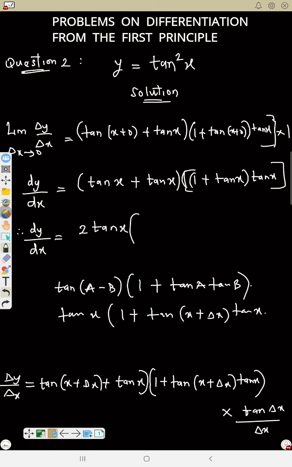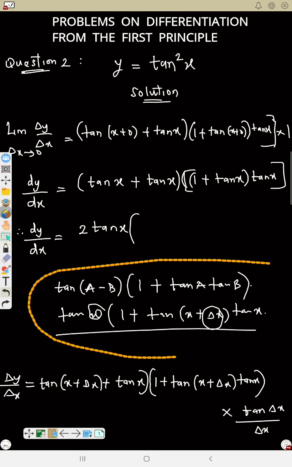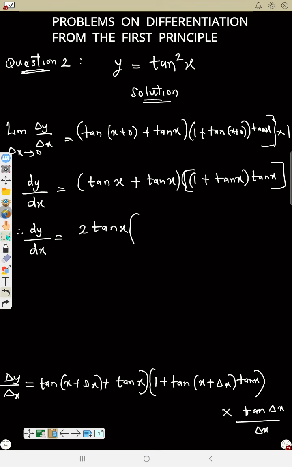As we change, the tan s is outside, so now as we change ds to 0, tan s times tan s will be tan square s. So take note. From this place I have tan s plus tan s, that is 2 tan x.